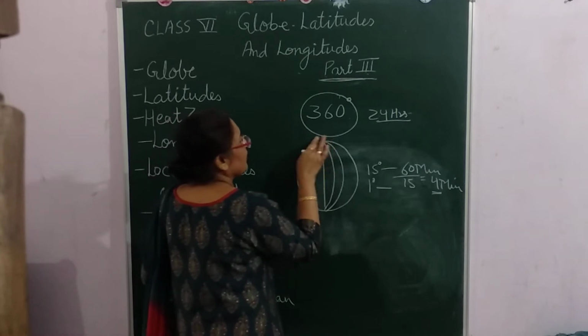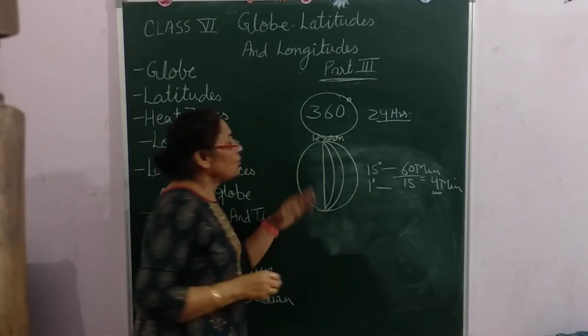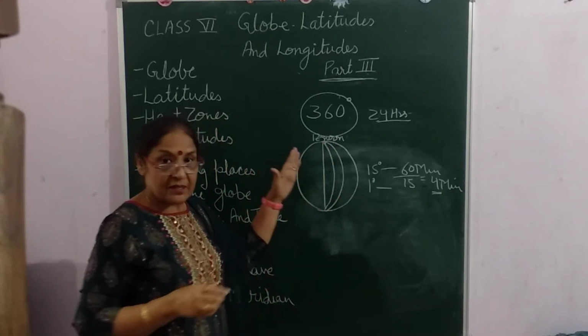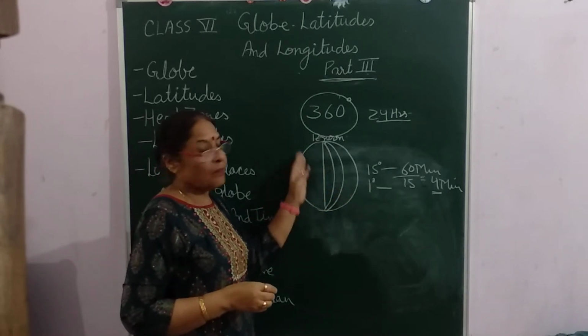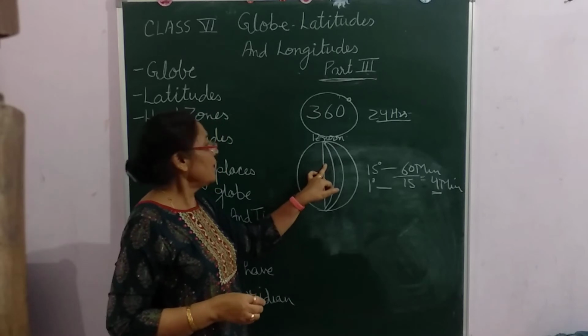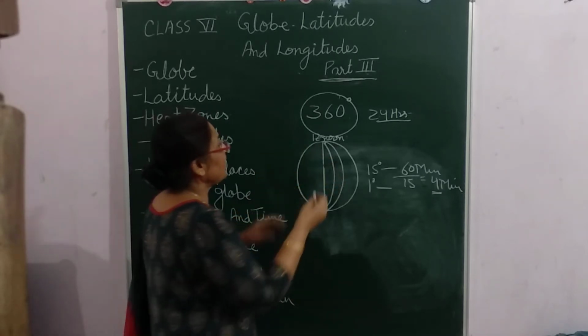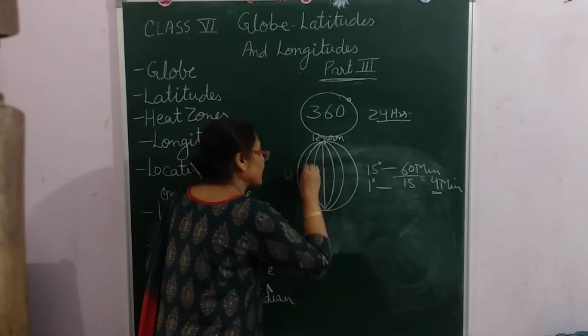Suppose here the time is 12 noon. So what would be the local time of the first degree meridian? We'll add the time, so 4 past 12. Very good. And the second meridian, 8 past 12. And when we move towards the western hemisphere, we'll subtract.